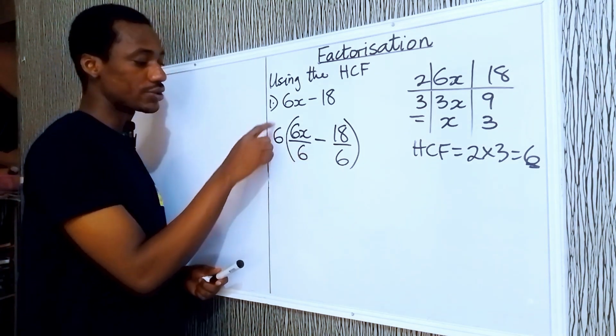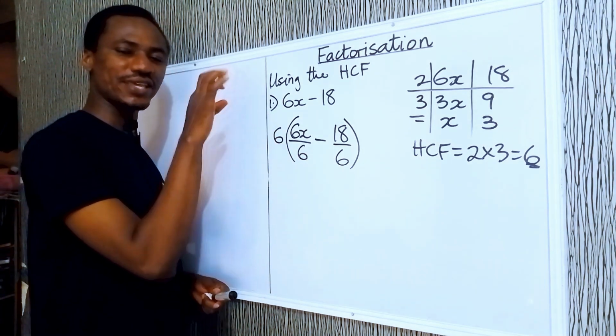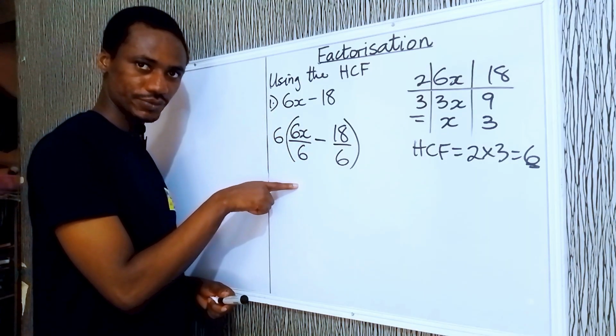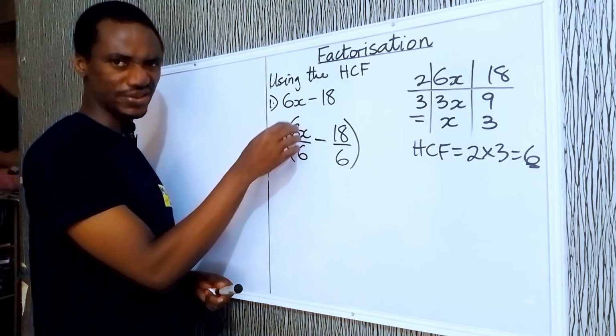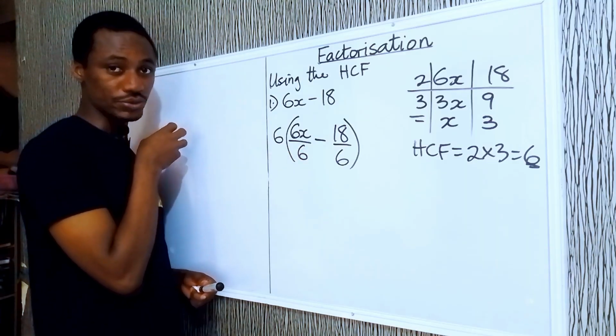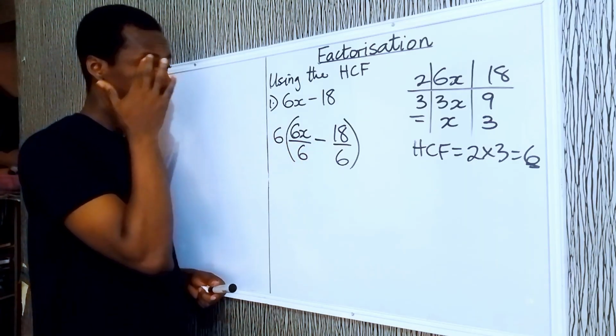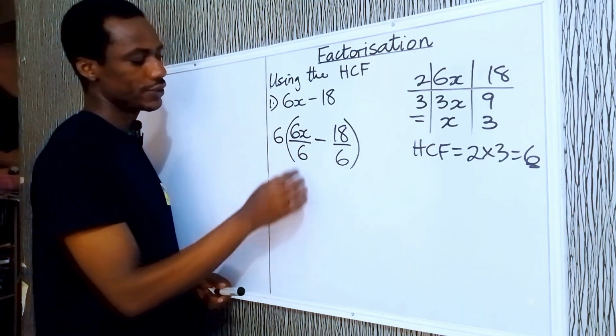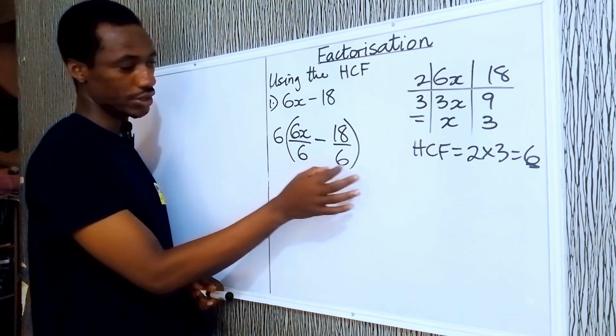So you factor out the HCF and divide each term by the HCF so that you know what is left after taking it out of the expression. We need to know what we have left. So that's why we are dividing, okay?